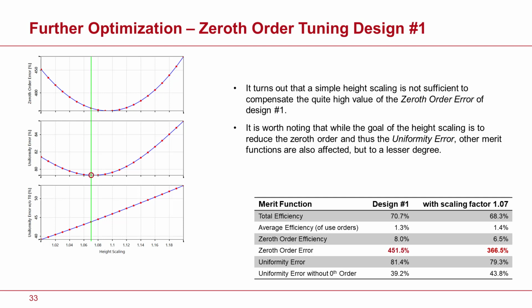So we're investigating how that height scaling influences the uniformity of the system, with particular emphasis on the 0th order. What we see on this page is that simply tuning the scaling of the structure is not going to have a big impact, is not going to noticeably improve the behavior of design number 1.